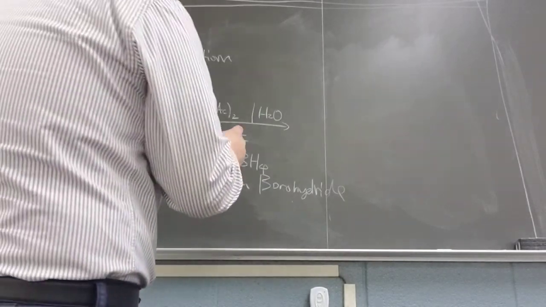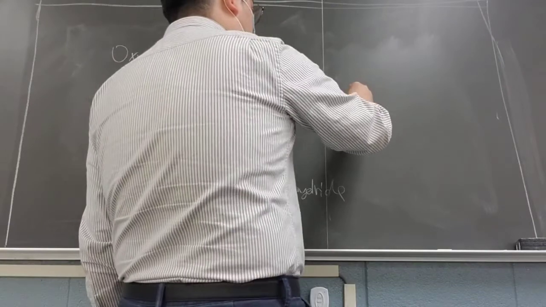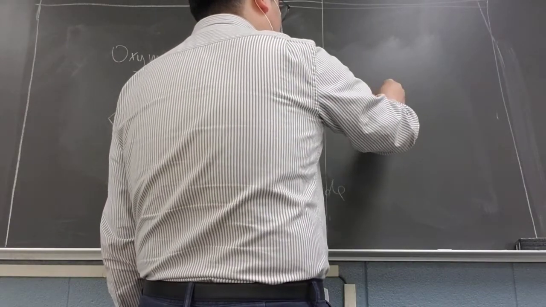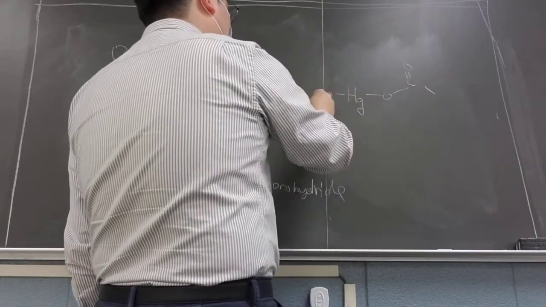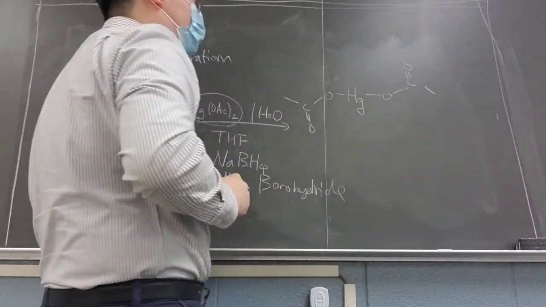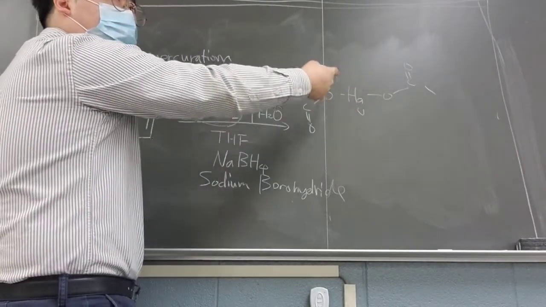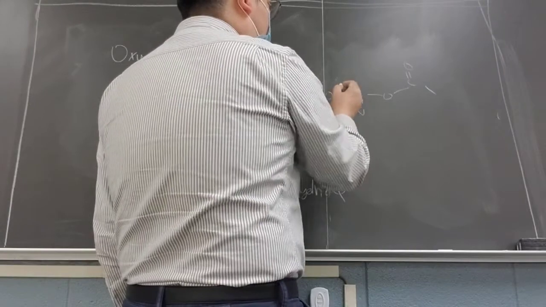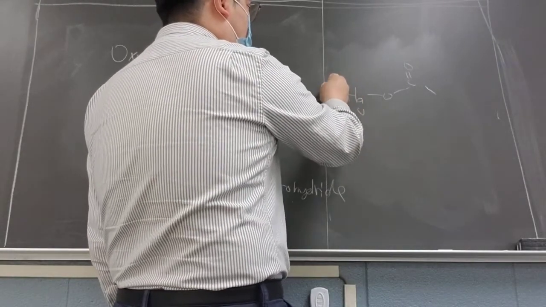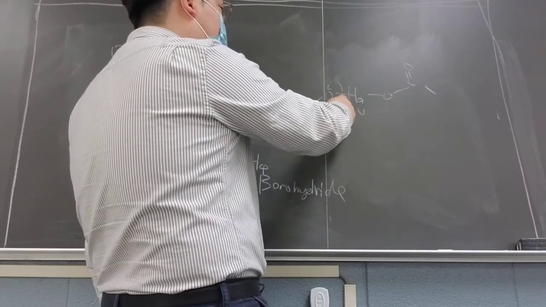So this mercury 2 acetate looks like this. You have two acetates bonded to the central mercury here. And then what happens is they try to steal one of the pair of electrons in the double bond.